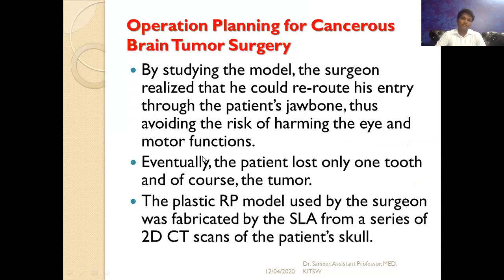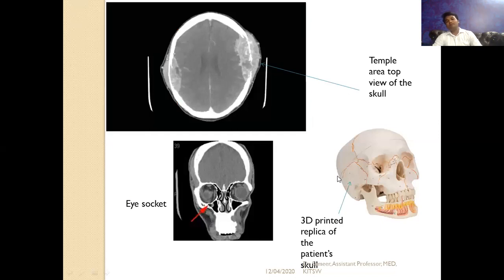The motor functions of a human are generally walking, talking, doing some basic functions of the human body. We call them the motor functions. And eventually, the patient lost one tooth and of course the tumor. So when the doctor studied the plastic model, he could reroute the surgery.